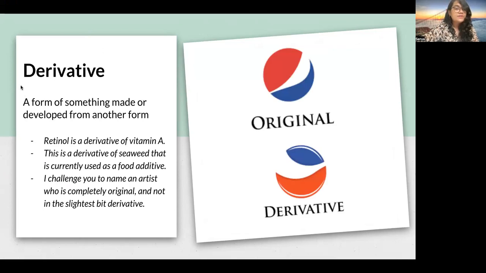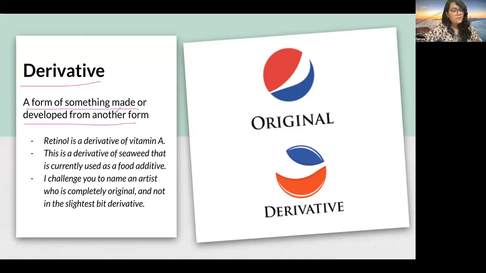So derivative means a form of something made or developed from another thing, right? So if I develop another thing, a form of something from something else, that new thing that I have formed from an existing thing is called the derivative.